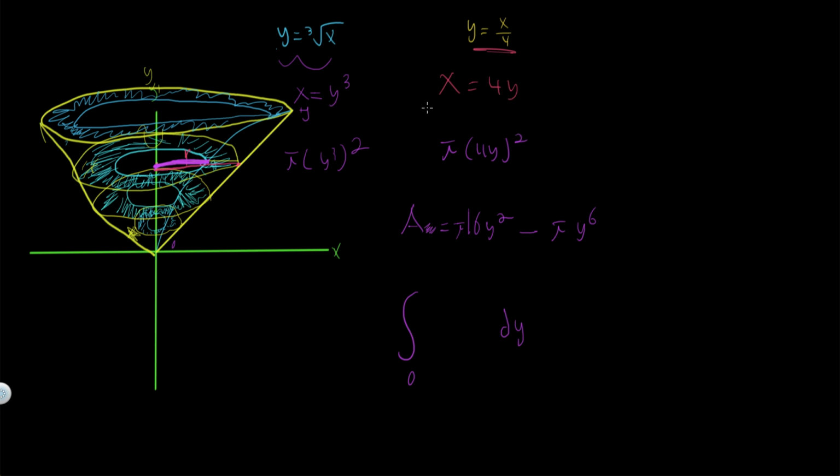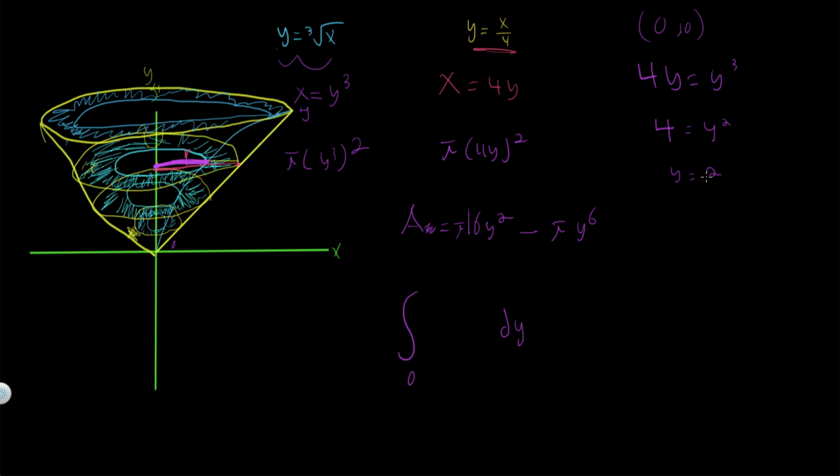We know that they intersect at the point at which the x's are equal, so we can say 4y is equal to y to the third. We know that (0, 0) is a point of intersection, like we already determined. Also, let's divide both sides by y, assuming y is not 0. We can say 4 is equal to y squared, so y is equal to plus or minus 2.